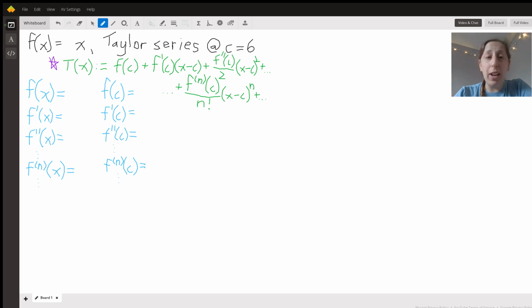All right. In general, when finding Taylor series, we're going to want to take a bunch of derivatives. You can see that from the formula already, right? We've got the original function evaluated at c, and then we've got its derivative, its second derivative, and in general, this formula here, this little power in parentheses doesn't mean that I'm raising f to a power. It means I'm taking the nth derivative.